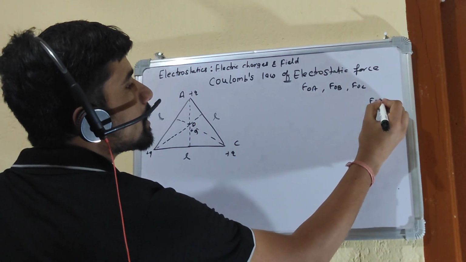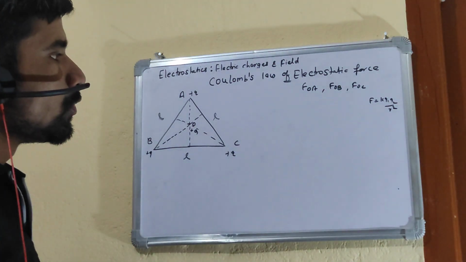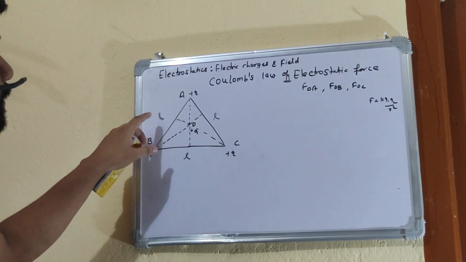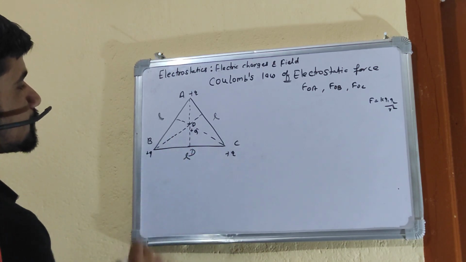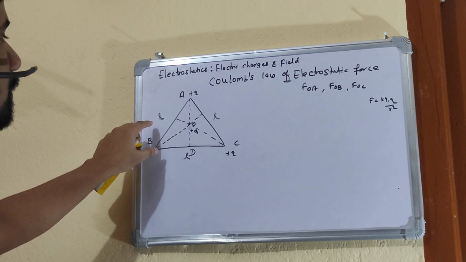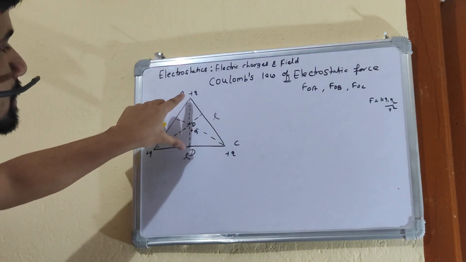We already know that force is given by K Q1 Q2 by R square. We have the charges already; what we don't have is the distance. Let's say this point is D, and consider this particular distance AD.